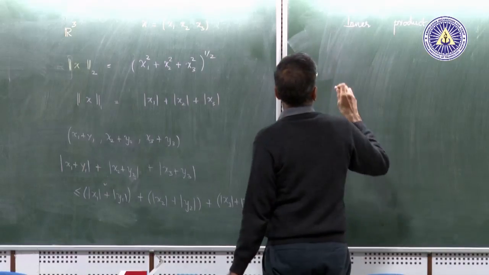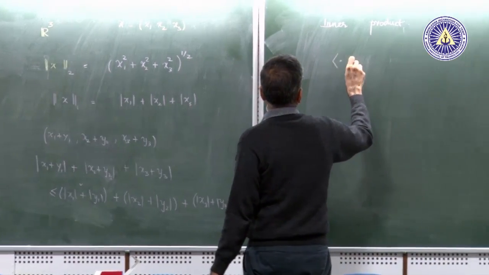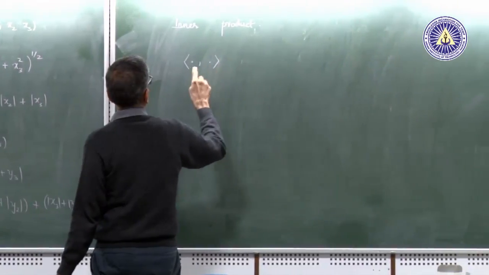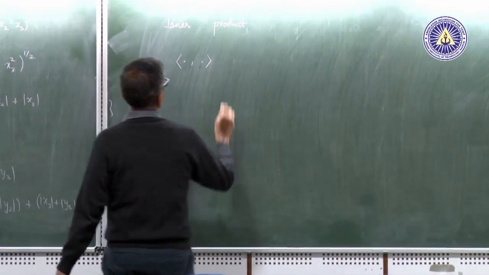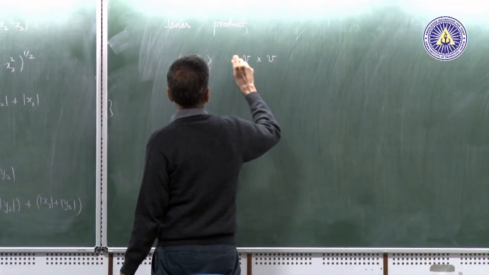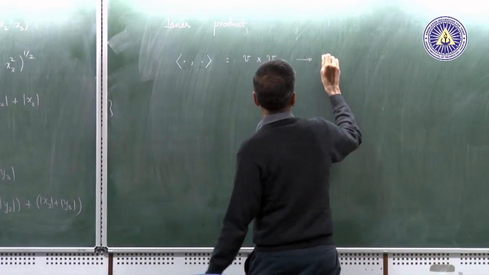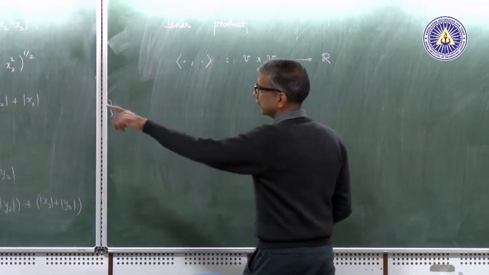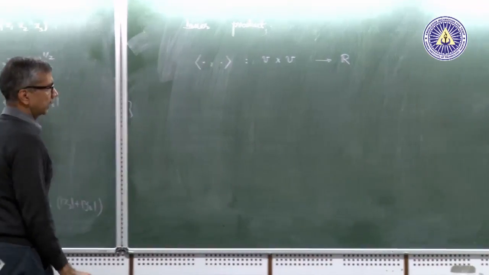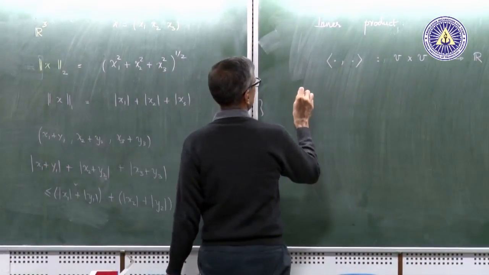Okay. Now, an inner product in a vector space, I will represent it by this angle, takes two vectors and gives you a real number. In this case, we are on real vector spaces with the following properties.